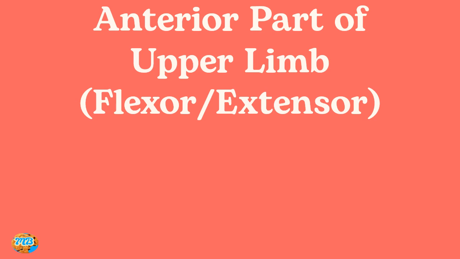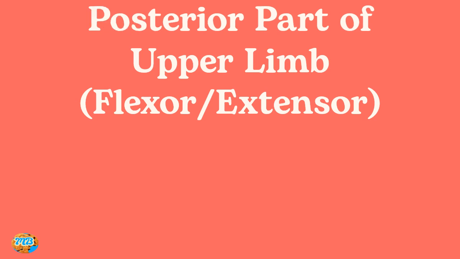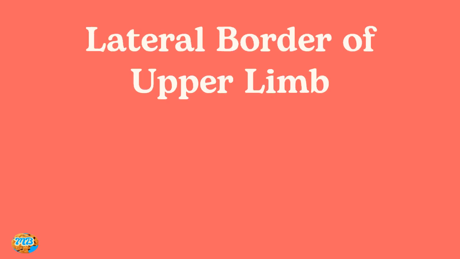That's the flexor surface. The posterior part of the upper limb. That's the extensor surface. Lateral border of the upper limb. Using the mnemonic, you are too fast. For the upper limb, the lateral border is the radial region.